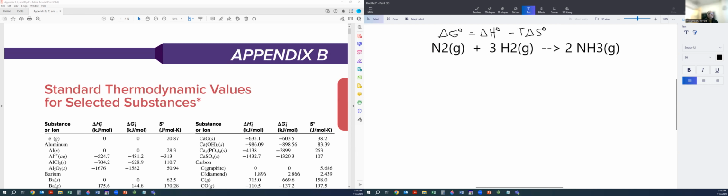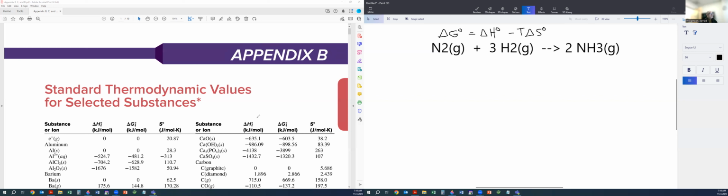Right. So over here, we have Appendix B. And I've sent this to you guys, posted in the announcements. I've told you guys to have it printed, have access to it. Really a good idea to just have a paper copy of this for when you do your homework. There's two ways we could calculate the Gibbs free energy.